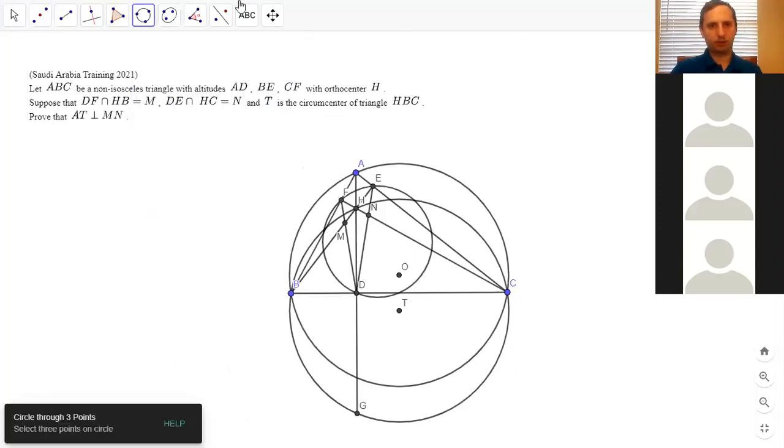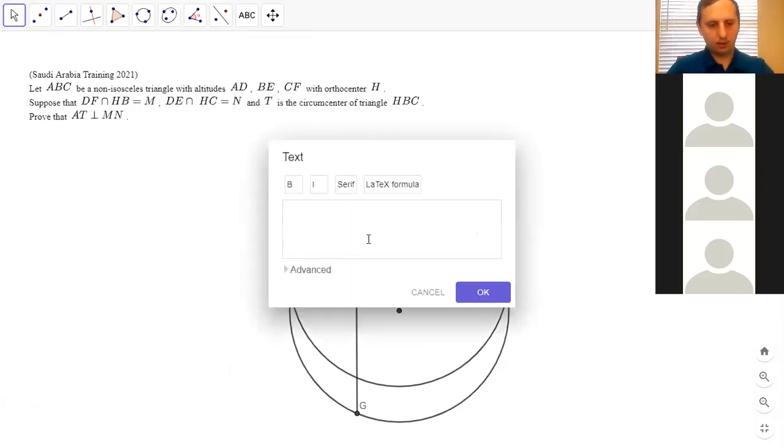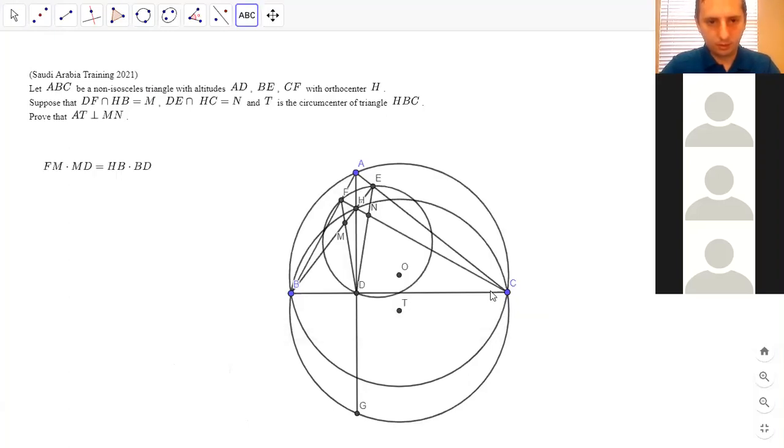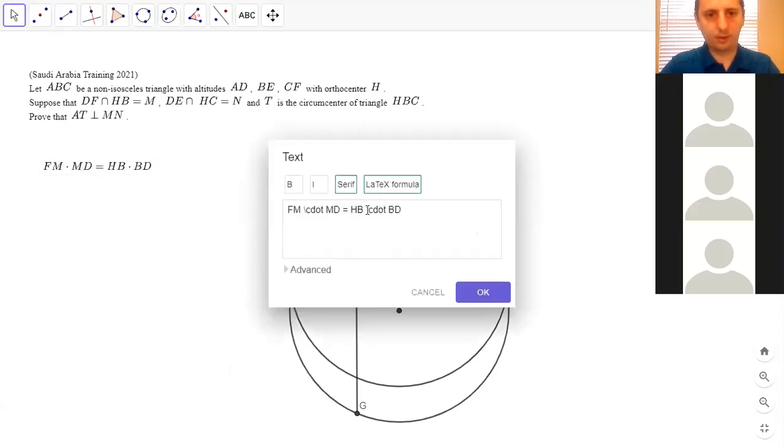So yeah, we have, because these are cyclic, FM times MB equals HB times BD. I think that's what it was, right? Or HM times MB.